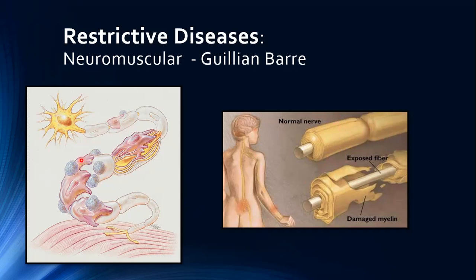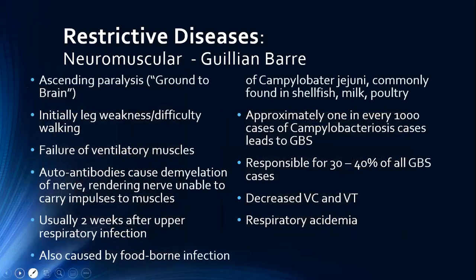Okay, so this is another picture here. This right here is regular myelin. This is nice right here, but this one, look, it's all torn up. So now anything and everything is able to affect that nerve that's in there. You have these antibodies that are growing on the myelin and destroying it, right? They're growing on the myelin and they are destroying the myelin, which leaves the fiber exposed, okay?